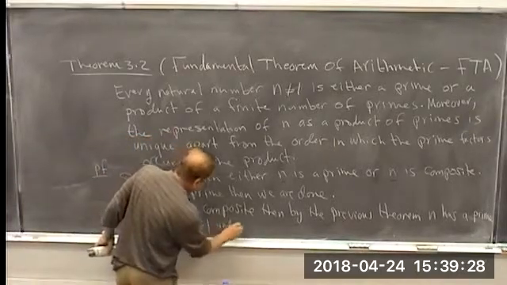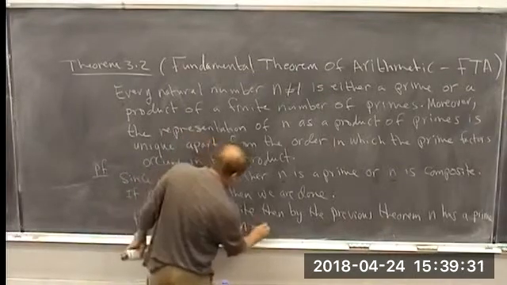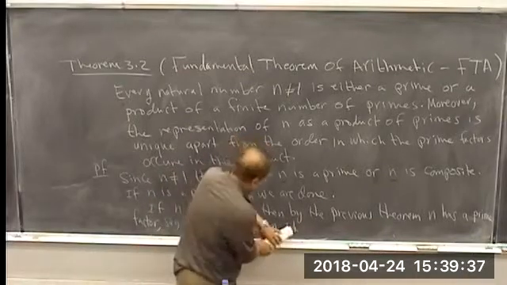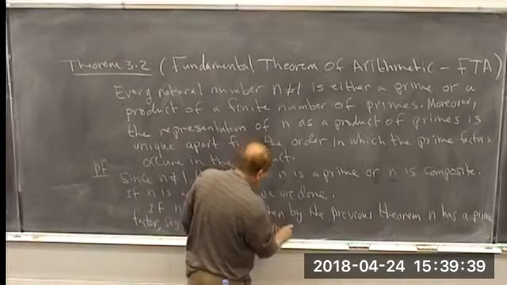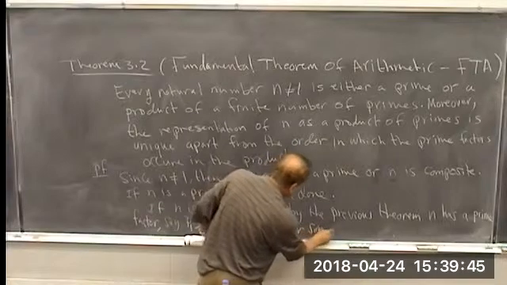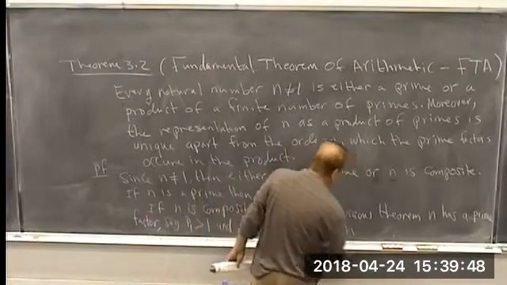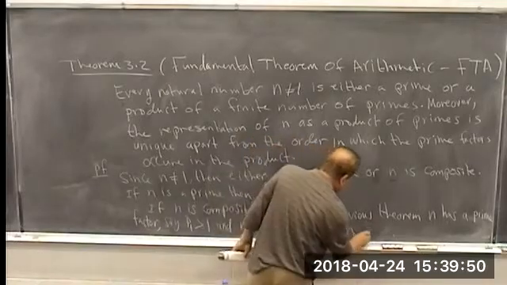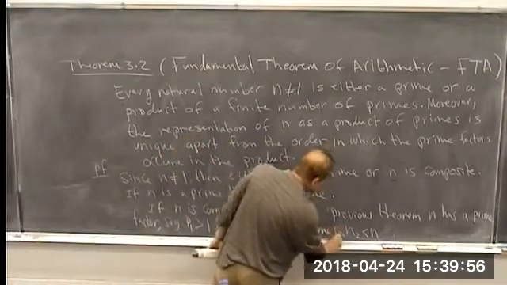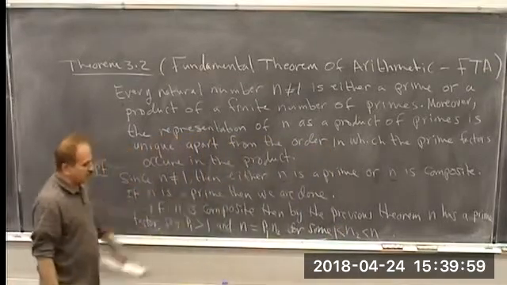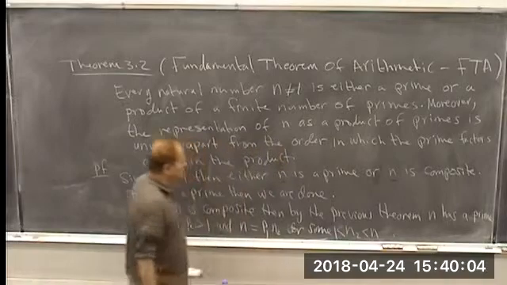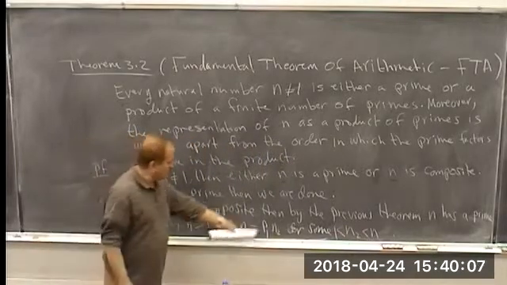And n is going to be this prime factor times n2, for some natural number n2 that is smaller than n, but also bigger than 1. Because if it is equal to 1, then n is equal to a prime. That's not 1. Okay? And it cannot be n either because p1 is bigger than 1.